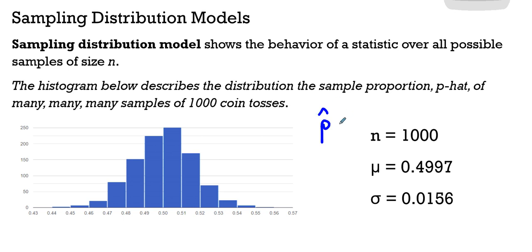That's actually what it's called, it's not something I made up. It's got that little caret symbol over the top of it. If we took many samples of 1,000 coin tosses and kept track of that, this is roughly what we would expect to see. And you can see that it looks pretty darn close to normal.